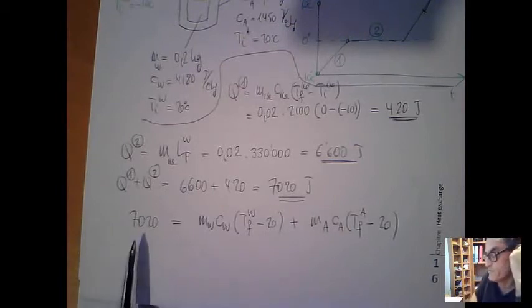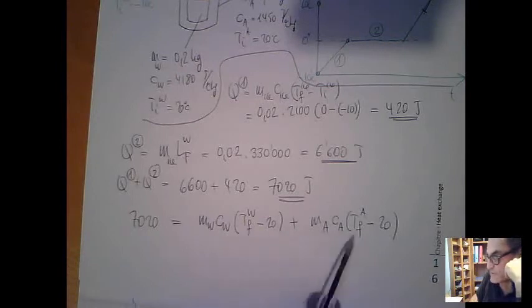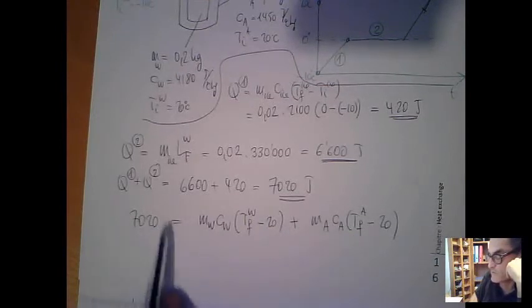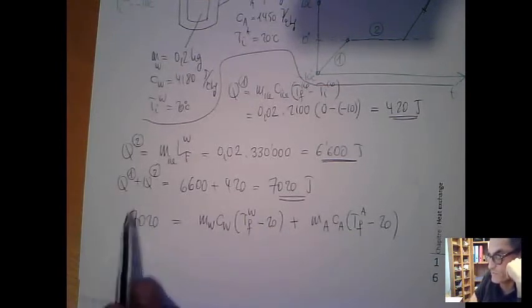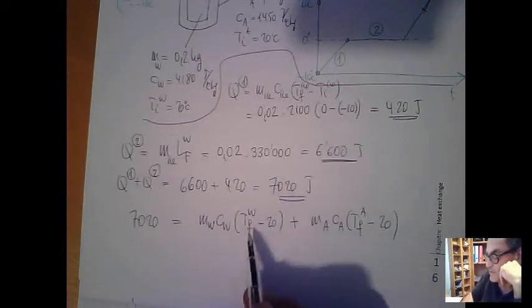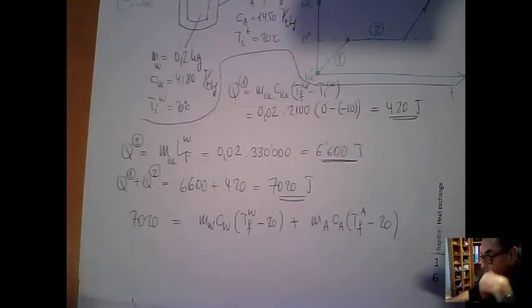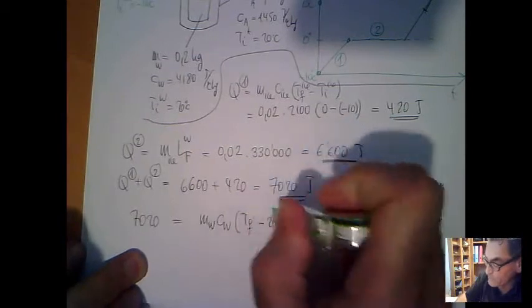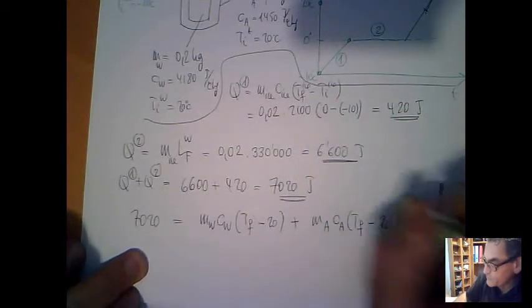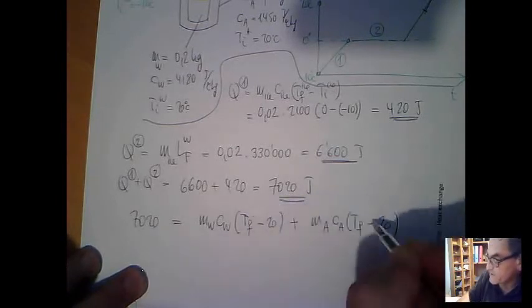I'm computing now what final temperature will give us this amount of energy if we remove this amount of energy from the water and the glass. What's the final temperature going to be? Of course, the final temperature of the water and of the glass are going to be the same, because the glass and the water are in equilibrium. So I'm just going to remove this suffix I had put there.